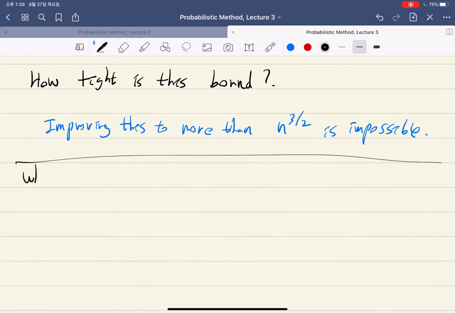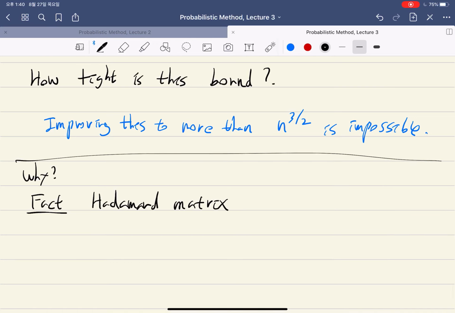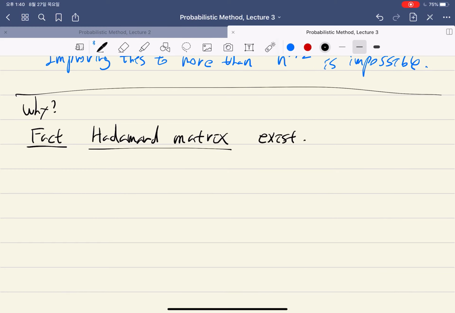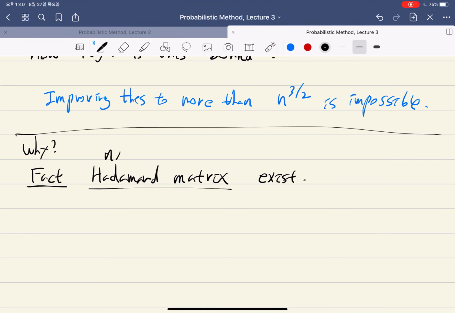Why? You know that there is this concept of the Hadamard matrix. We know that this exists. And what's the Hadamard matrix? Let's say an n by n Hadamard matrix exists, say n is a power of 2.